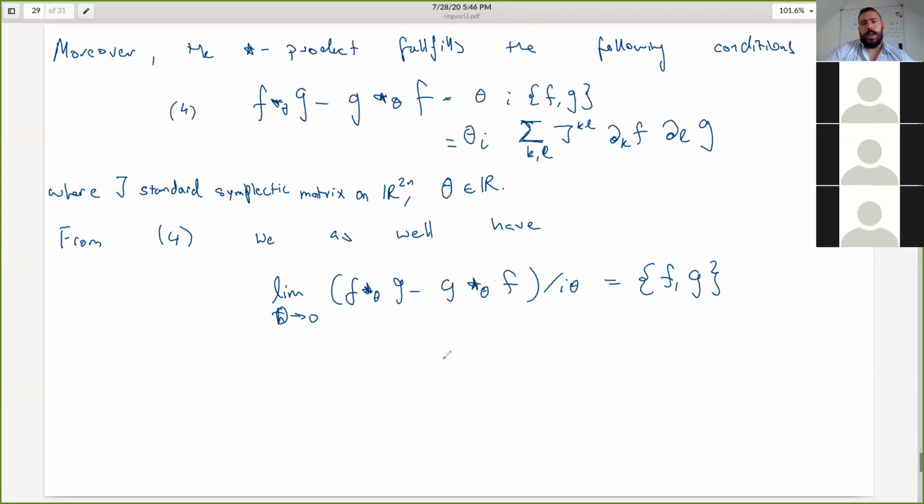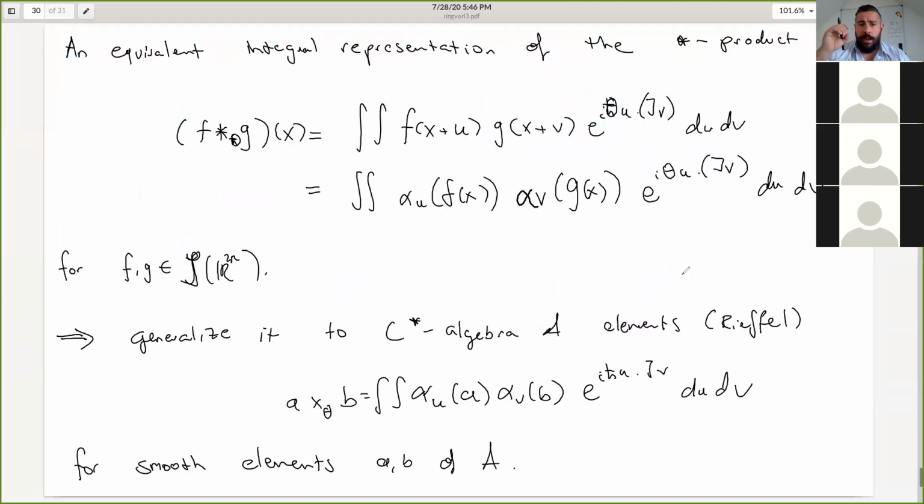quantization. Okay, now, of course, if you divide by this theta and you send theta equal to 0, you get the symplectic structure, the Poisson bracket. Now, an equivalent integral representation of this star product is given by the integral over the translation of f by u, and the translation of g of x by v, integrated over du dv, with e to the i theta u times g v, where g was this general symplectic matrix, basically, right?